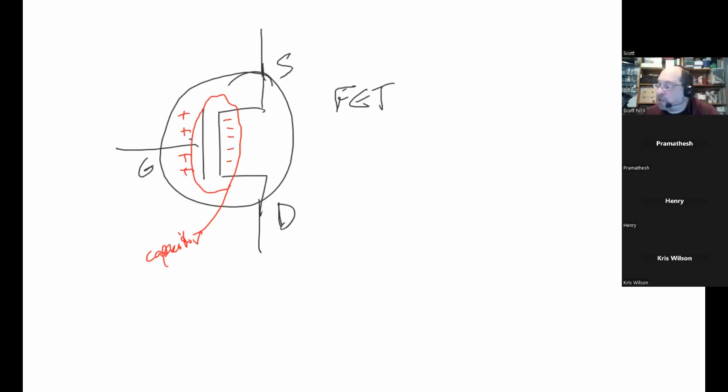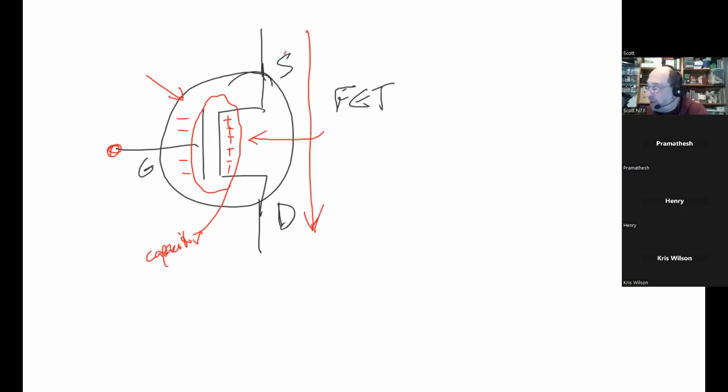So by just simply putting a voltage on this side, I can change what happens on the other side. And since I can do things like change this from pluses to minuses, and then I can make positives over here, basically by changing the voltage on this side, on the gate, I can actually change how the output behaves.